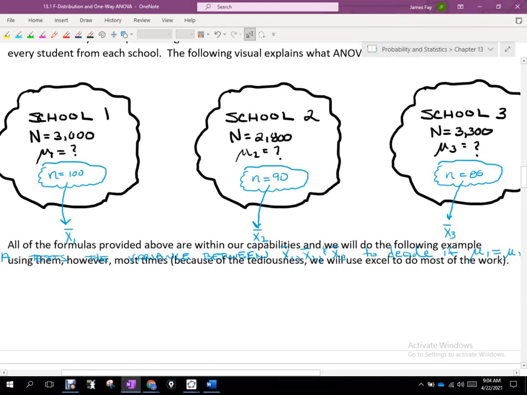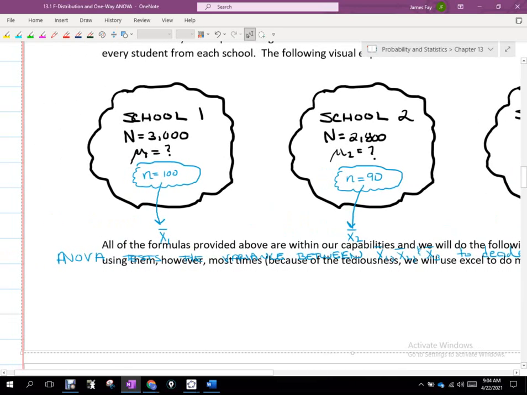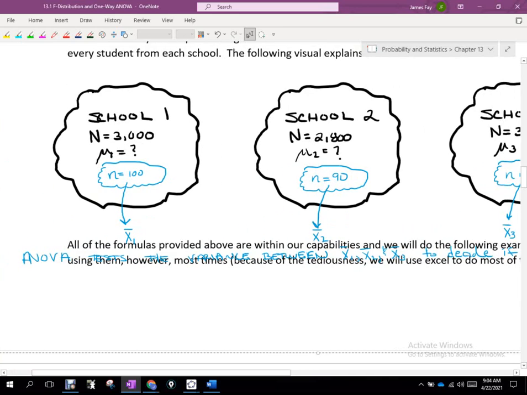I don't know what happened here when I wrote this by hand, but it says ANOVA tests the variances between x bar sub 1, x bar sub 2, and x bar sub 3, which were these sample means. So it tests how this one varies from that one, how this one varies from that one, and then how this one varies from that one.